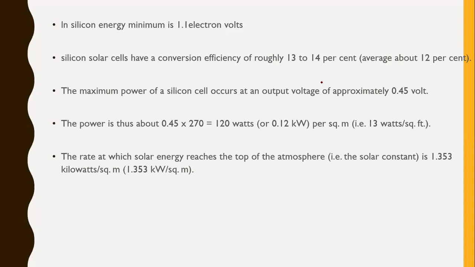The conversion efficiency of a practical gallium arsenide solar cell is roughly about 18% at ordinary temperatures. If you increase the temperature to 100 degrees Celsius, we get 16%. If you increase the temperature to 200 degrees Celsius, the efficiency decreases to 12%.